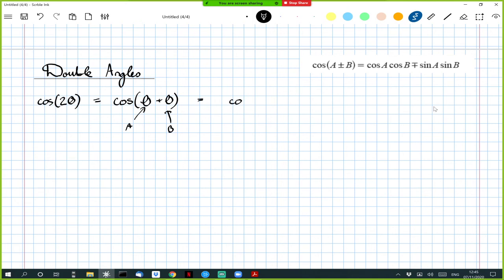So we get cos theta cos theta minus sine theta sine theta, which is cos squared theta minus sine squared theta.